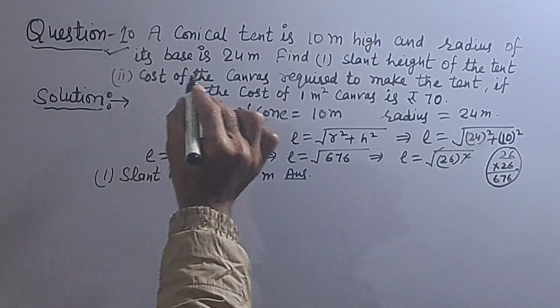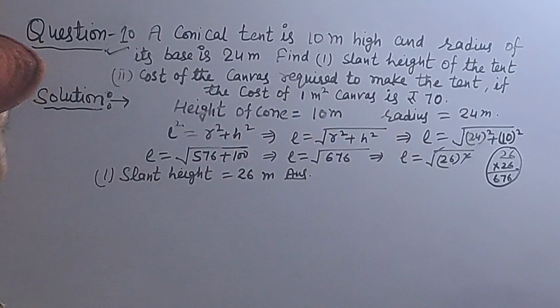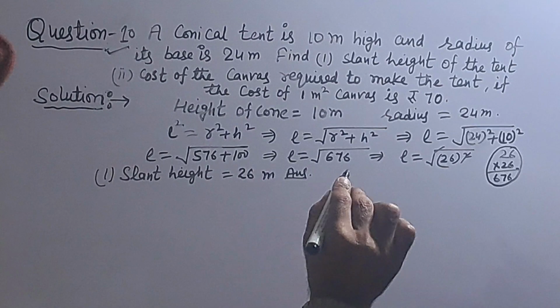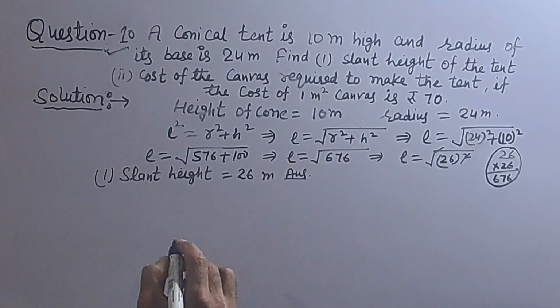And the cost of canvas required to make the tent if the cost of 1 meter square is rupees 70.